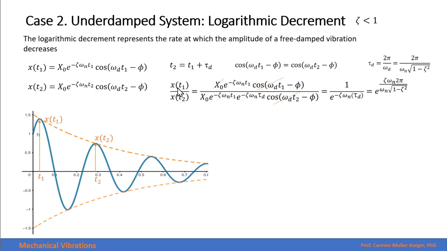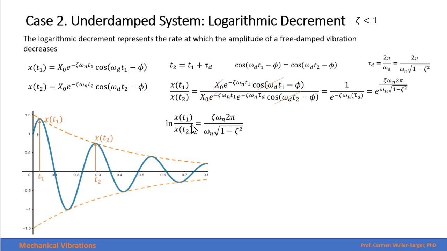So if we divide these two expressions, and we know that we can, this exponent, which will be negative zeta omega n t2, where t2 is equal to t1 plus the period, we can separate those two exponentials. And we see that this cancels with that, the cosines cancel because they are equal, and we end up with this term over here. Since it's negative, we can put it in the numerator, and it will become this exponential.